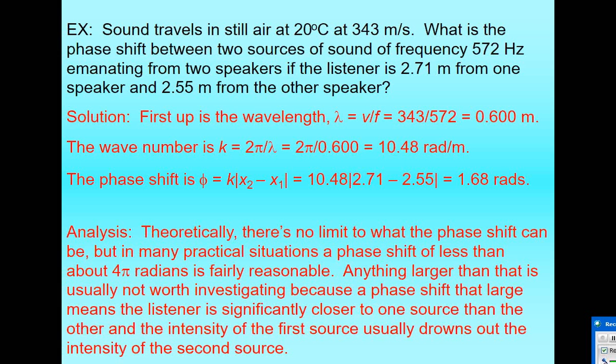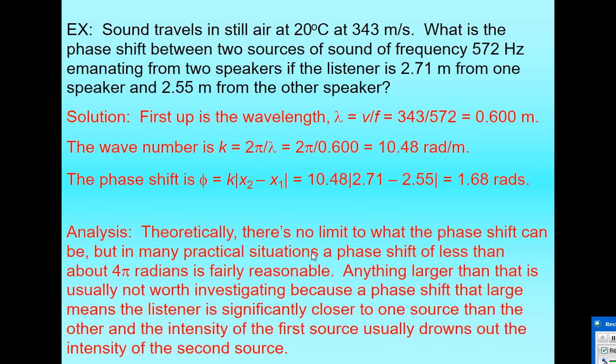If you are noticeably that much farther away from one source than the other, and the two sources are identical, the sound from the nearer source is basically going to drown out the sound from the further source. In order for there to be an interesting effect, the sounds must have about the same volume by the time they reach your ear. Otherwise, the closer one just completely dominates the further one.